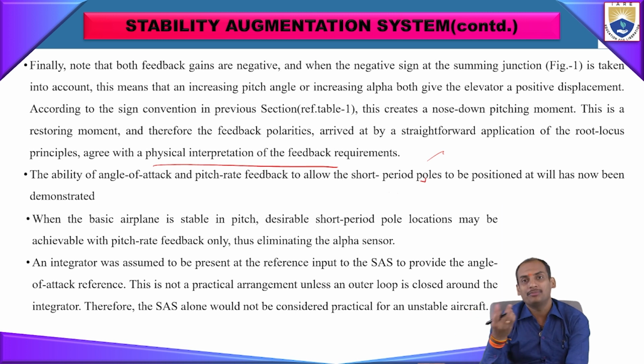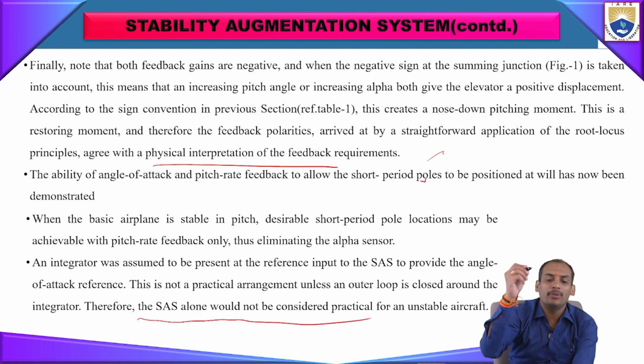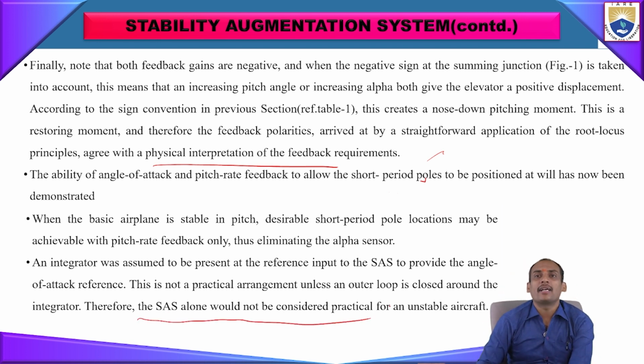Therefore SAS alone would not be considered practical for an unstable aircraft. Practically, we will not consider the SAS system only as the controlling system for making an unstable aircraft stable.